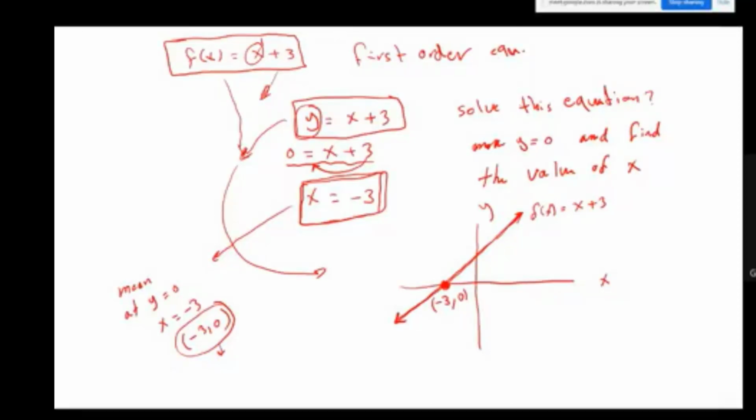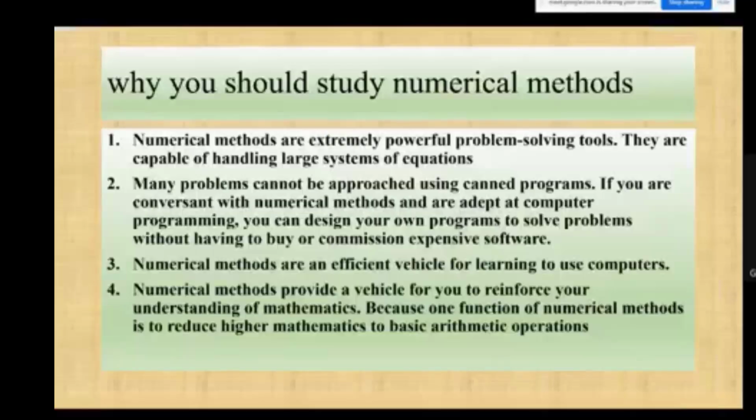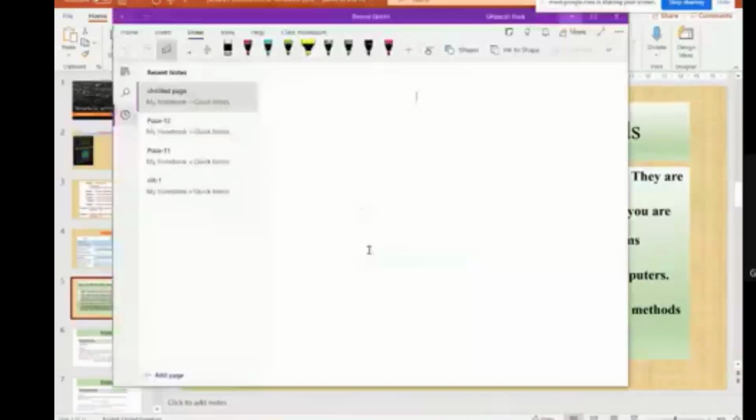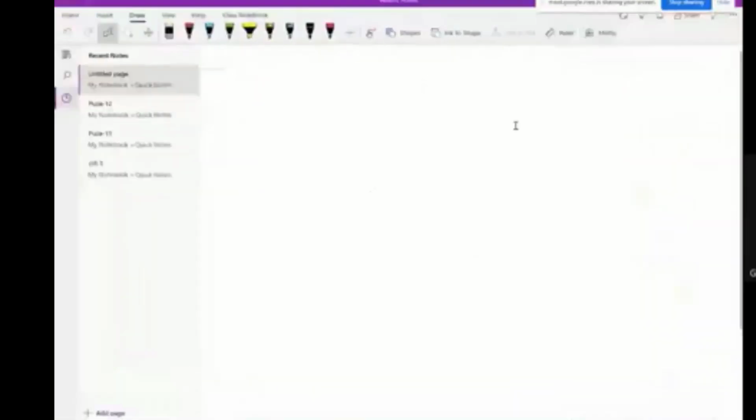So if I have a second order equation, let's work here.